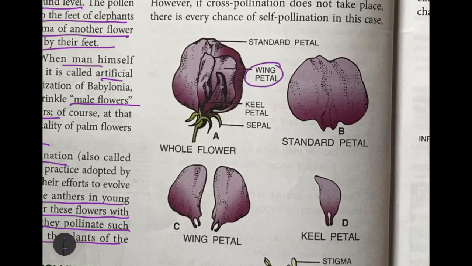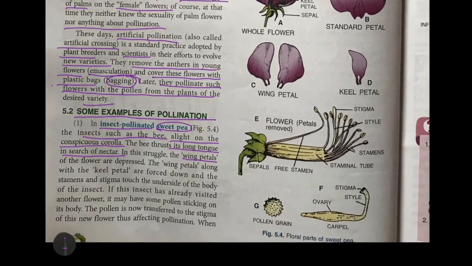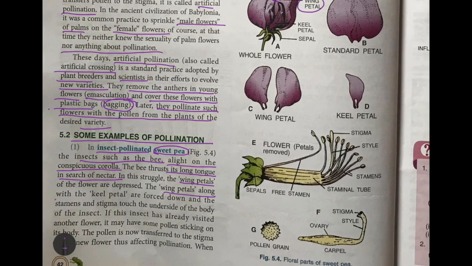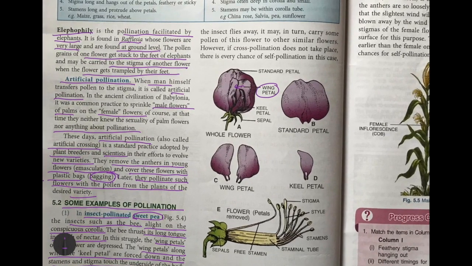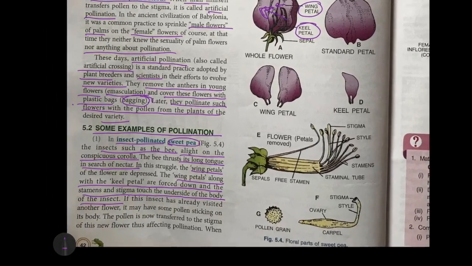This wing petal gets depressed, means it will get pressed. Then the wing petals along with the keel petal are forced down, and the stamens and stigma touch the underside body of the insect. So when the bee sits here, the wing petal and the keel petal of the sweet pea plant get depressed, and as a result it will move right inside. So when it moves right inside, the undersurface of the bee touches the anther and the stigma.